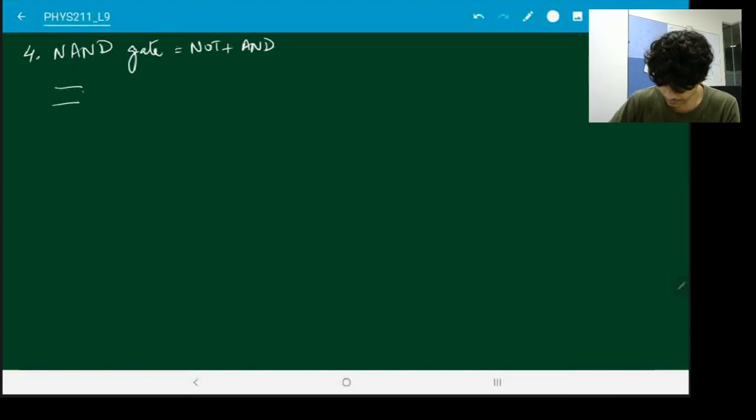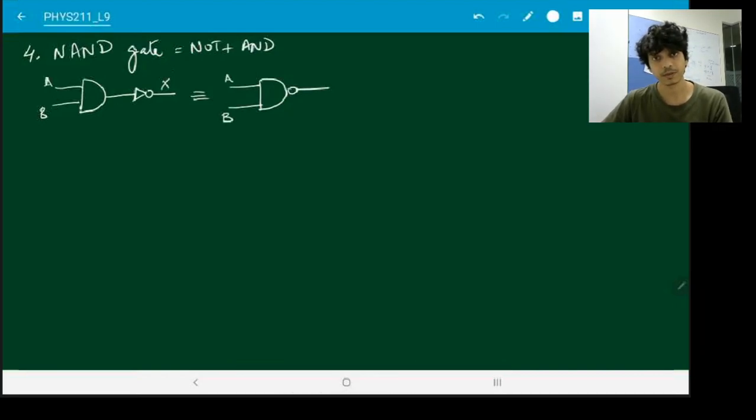So this is the AND, and then on top of this you put a NOT, and there is a collective symbol for this in this fashion. What does the truth table look like?